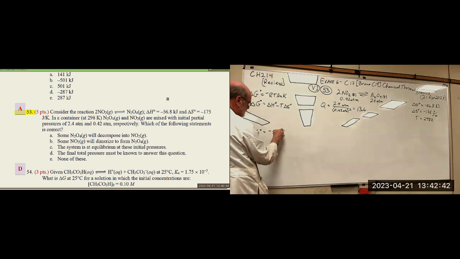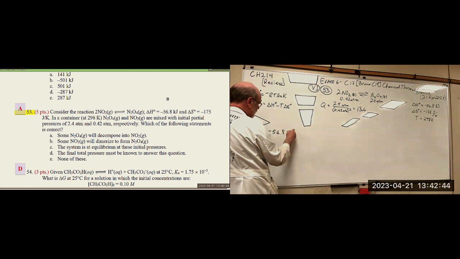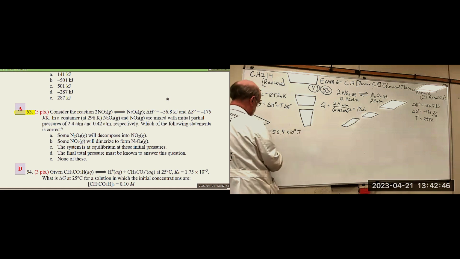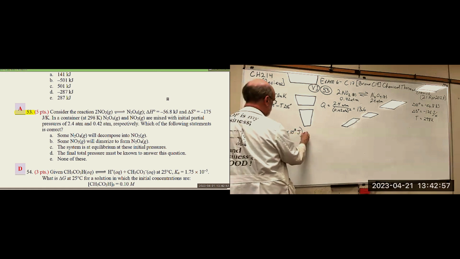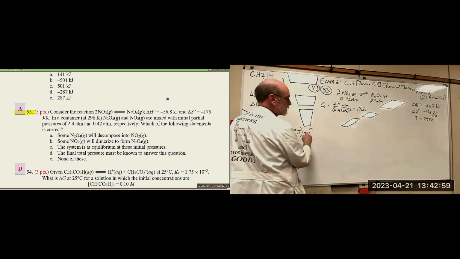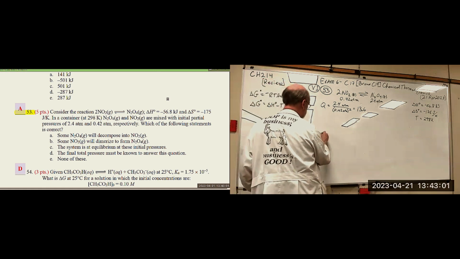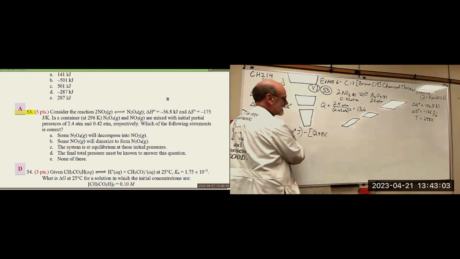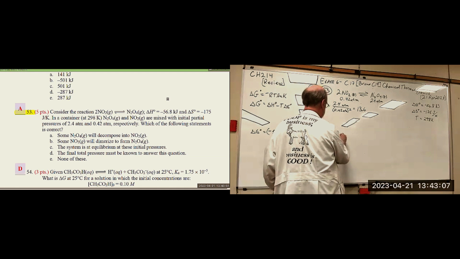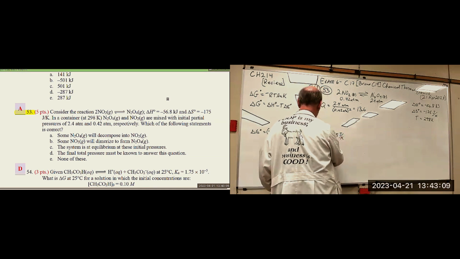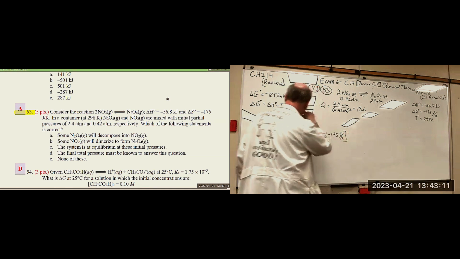So this is minus 56.8 times 10 to the third joules for the delta H. And then minus temperature, 298. And delta S, we can leave it as is, minus 175 joules per K. There we go.